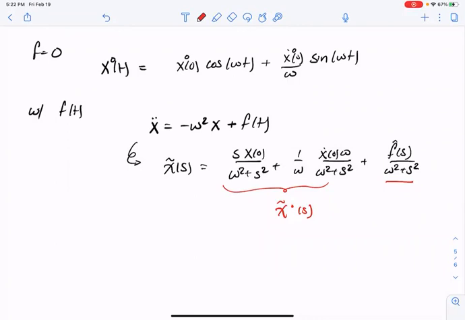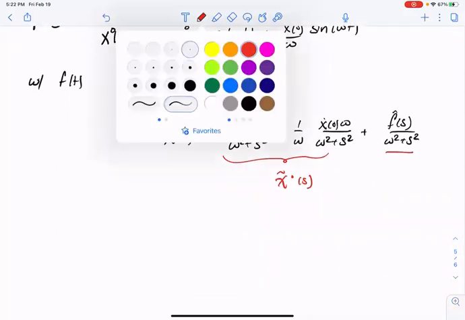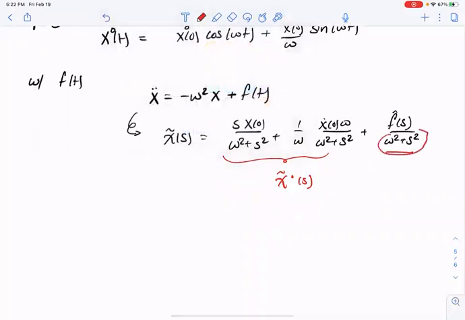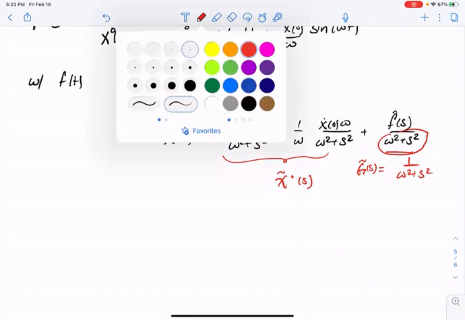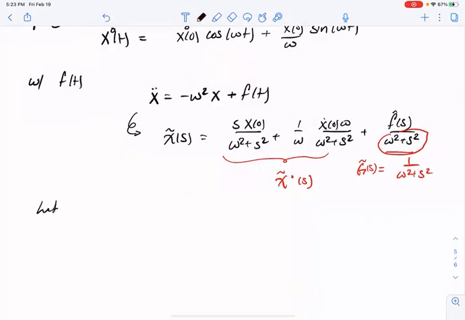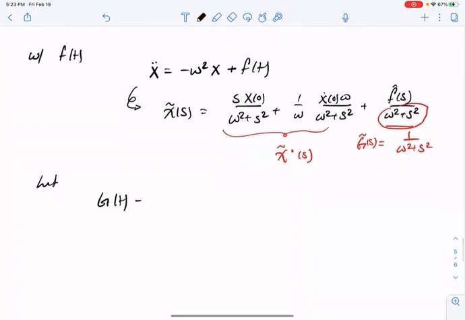So let's define this denominator as g of s, in which case g of t is equal to 1 over omega sine omega t, taking the Laplace transform of that.